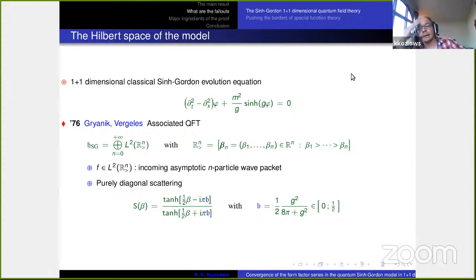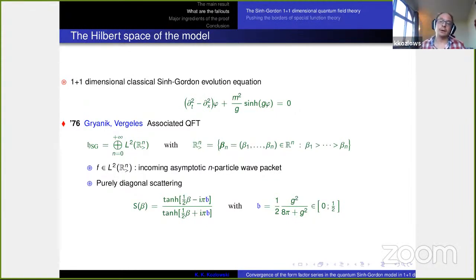The advance in the construction of this model on the integrable side was pioneered by Grianic and Vergeles in '76, who managed to give a proposal for the exact S matrix of this model.